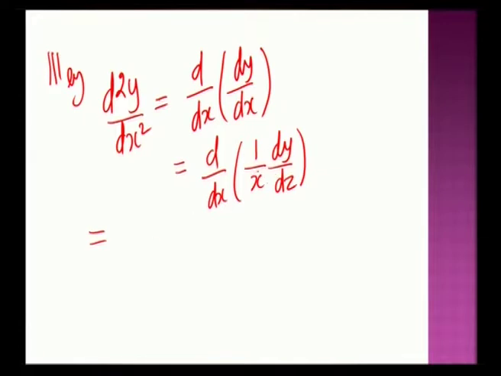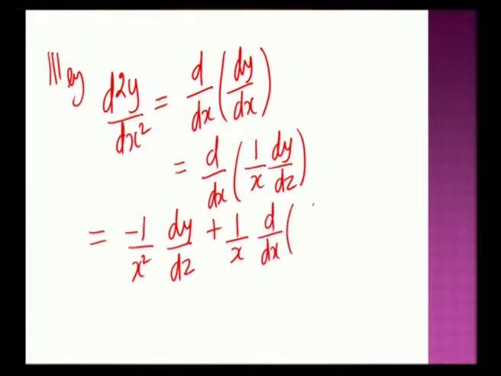If we use the UV rule, we will get minus 1 by x square into dy by dz plus 1 by x d by dx of dy by dz.